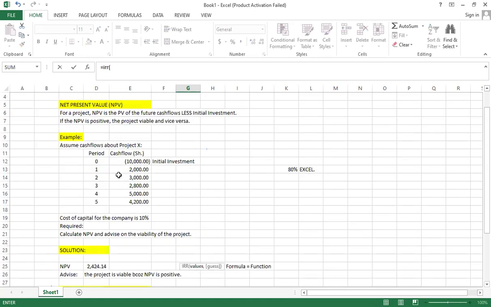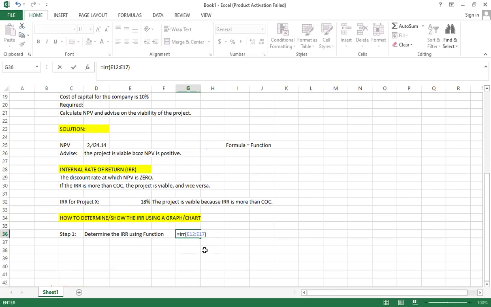So you go back to the question, and the cash flows are all these. You highlight all the cash flows, from the negative to the last, and close the bracket. That is all for the internal rate of return. Then you press enter. Again, we come back to that 18%.